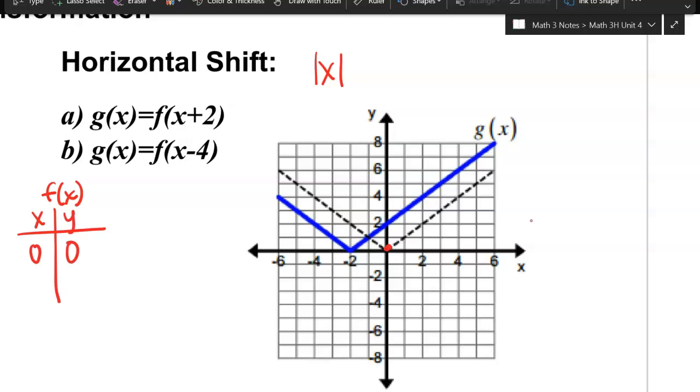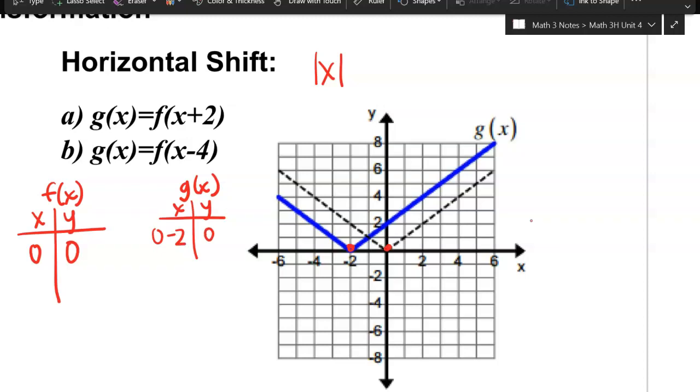And then we are going to be shifting our x values in the opposite direction. So notice x plus 2, we went to the left 2. So g of x, so 0, minus 2, and 0. So it still stays the same on the y.